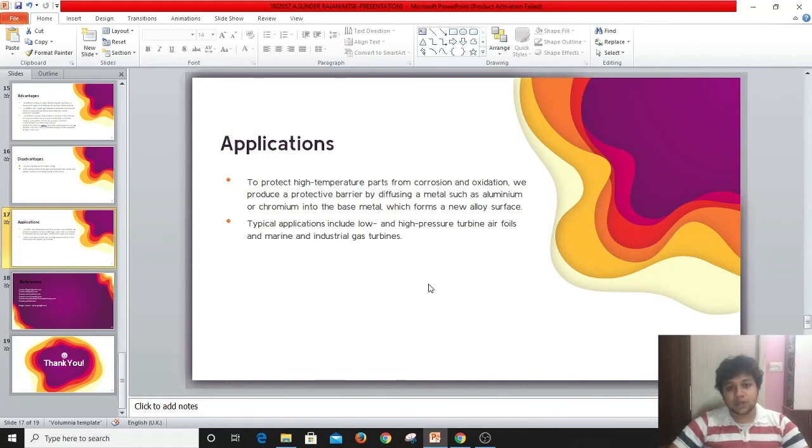It was completely resistant because we clearly saw that the person was touching the plate with his hand and nothing happened. So this is the main purpose of this process, to coat the material and increase its properties such as thermal resistance, abrasion resistance, corrosion resistance, etc.